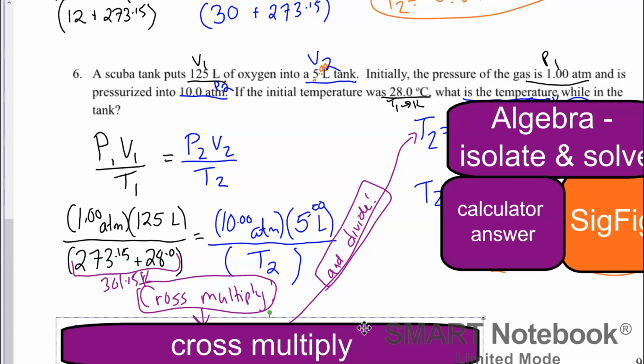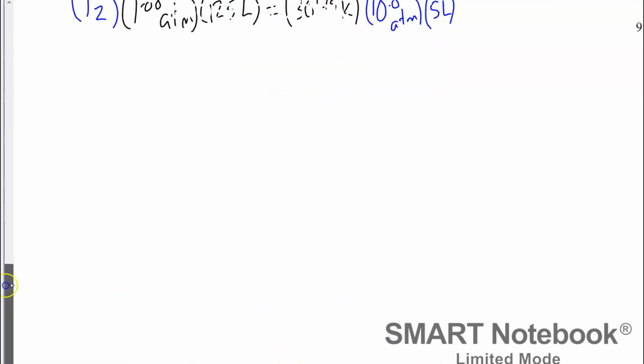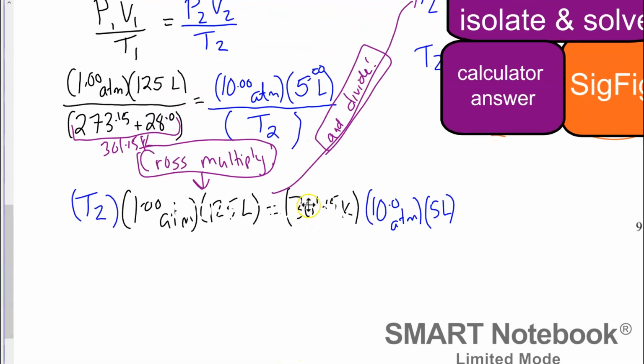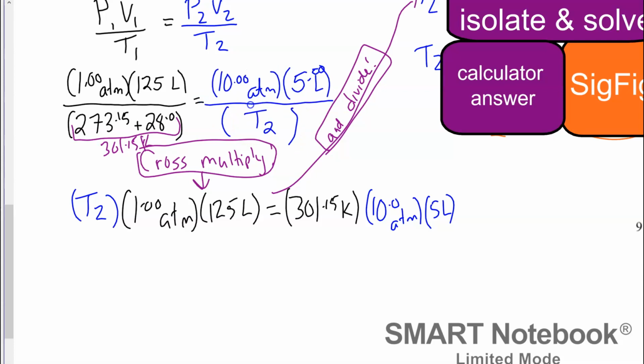So we're going to cross multiply, and when you cross multiply, let me extend the page to get this into our frame. When we cross multiply, for some reason, part of it got erased. Oh, that's weird. T2 times 1 times 125. So we're taking this term, multiplying together. That's the new side of our equation.